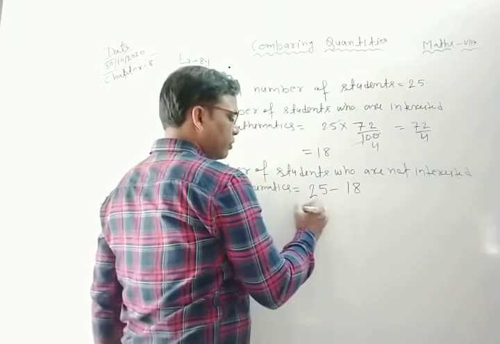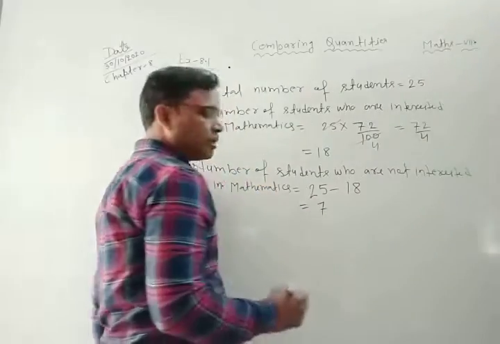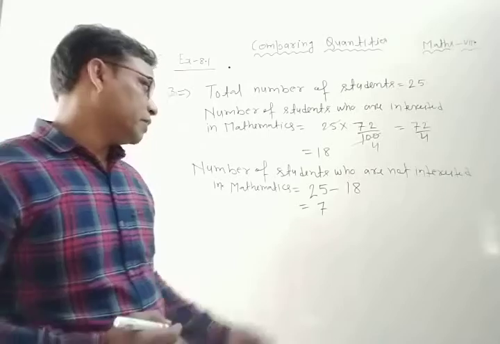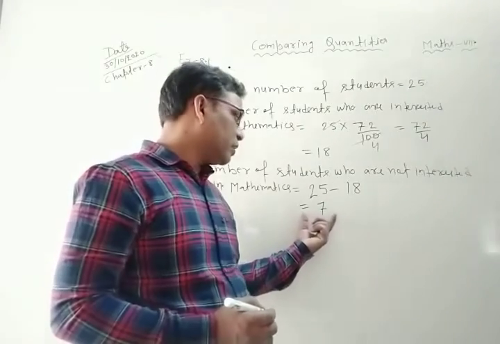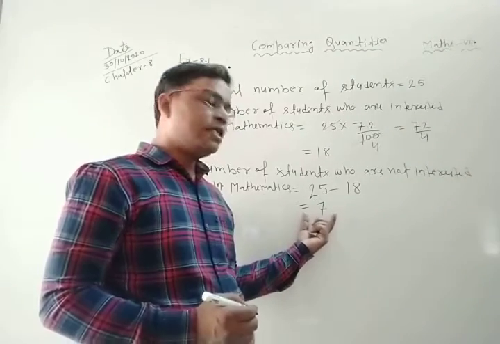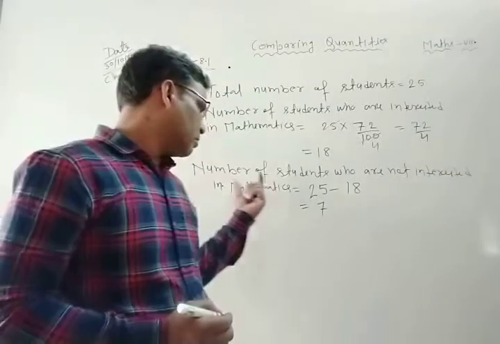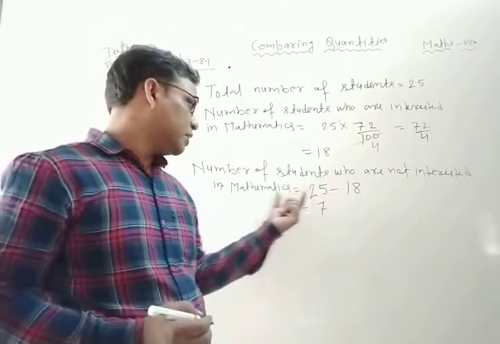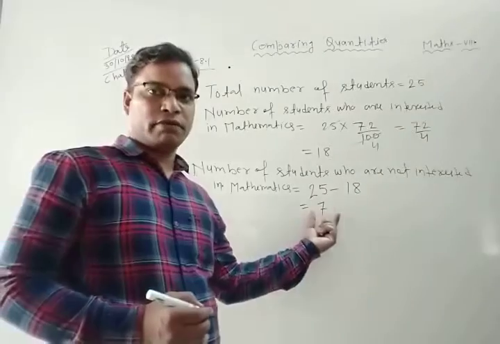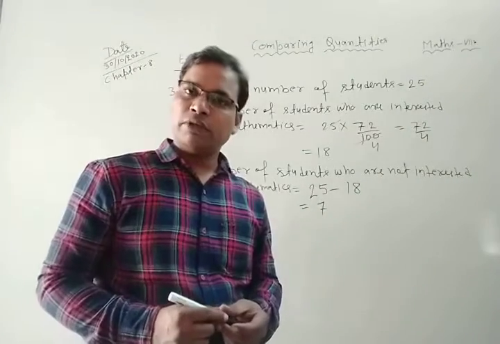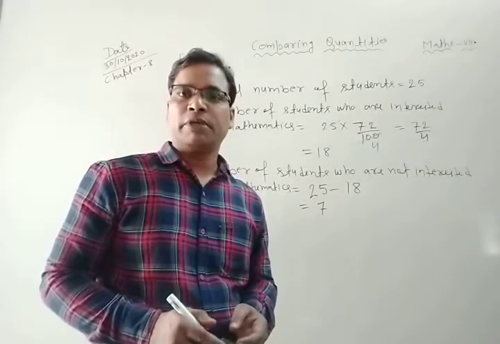So you can see if you subtract 18 from 25, then you obtain 7. So the number of students who are not interested in mathematics is equal to 7. Only 7 students are not interested in mathematics.